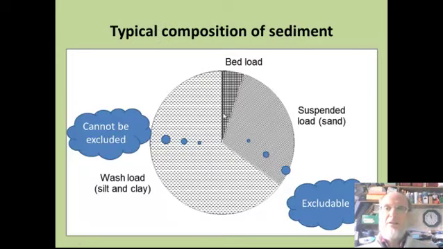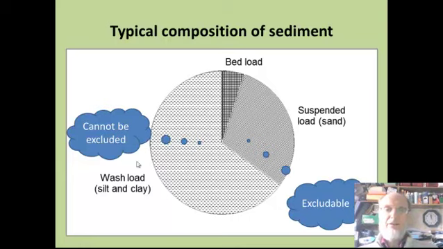This graph shows typical composition of sediment. We have a relatively small proportion of bed load, which is gravel, cobbles, boulders, and maybe coarse sand. We have a suspended load, which is also sand, but will very quickly settle out if the flow conditions change.